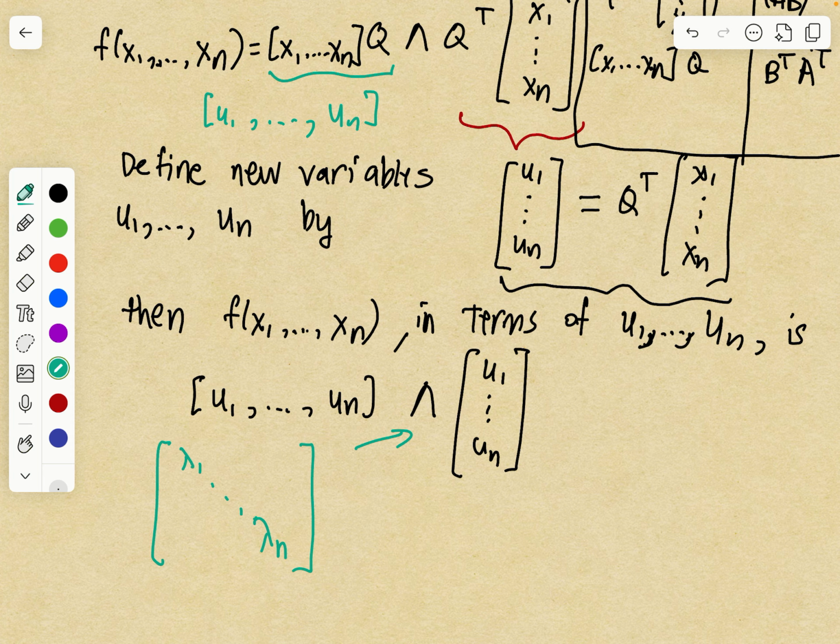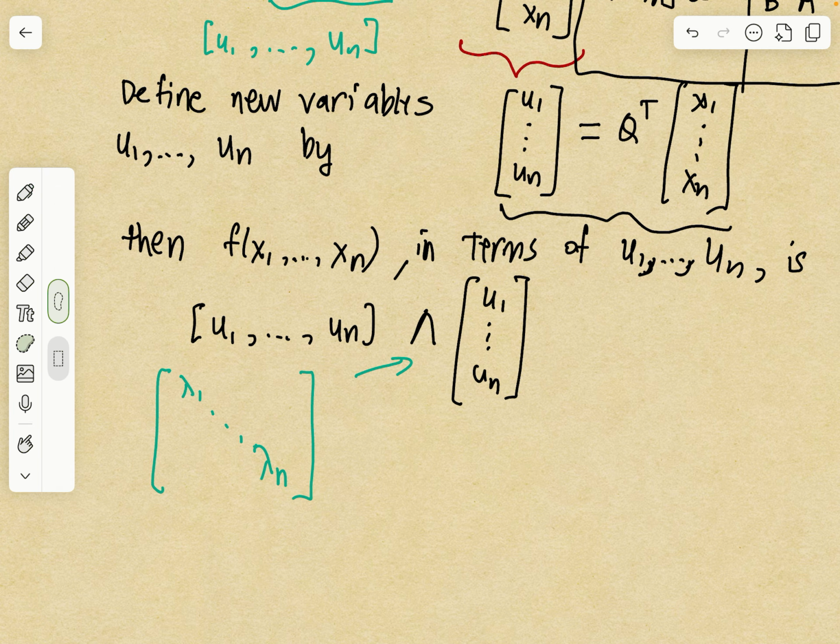In this case, just to clarify, these ui's are variables, but these eigenvalues correspond to the eigenvectors, which are the columns of Q.